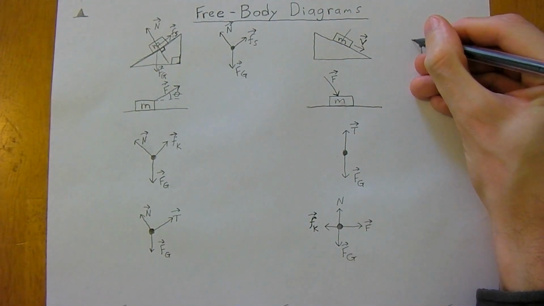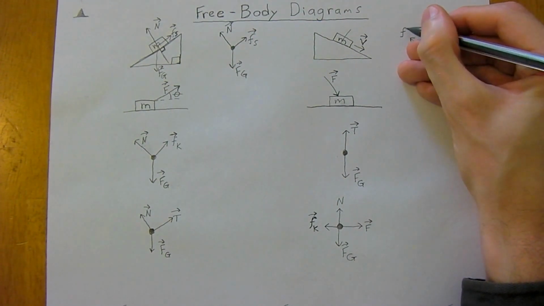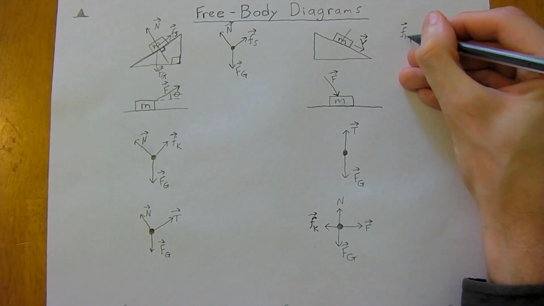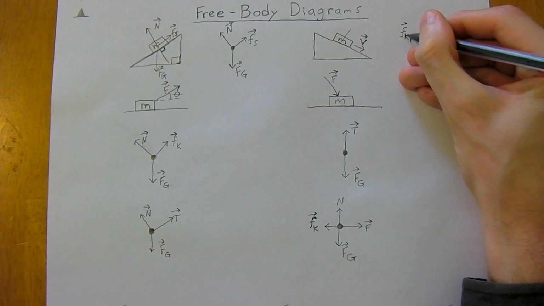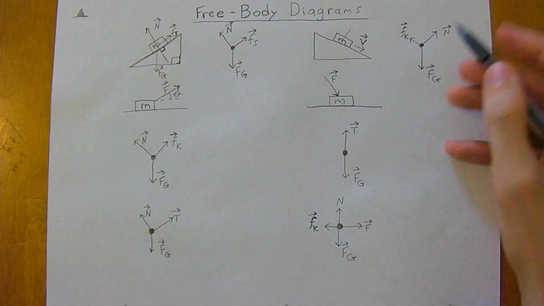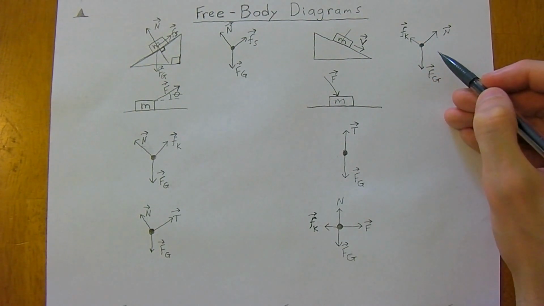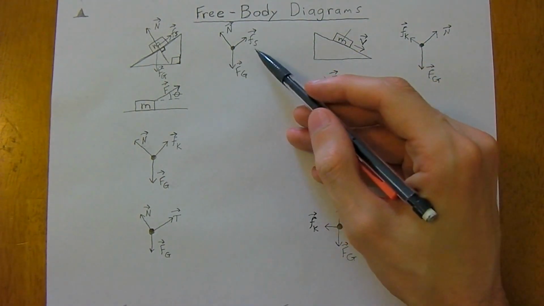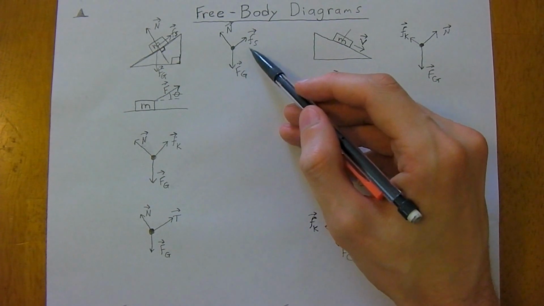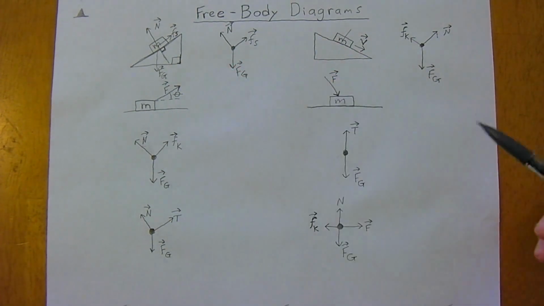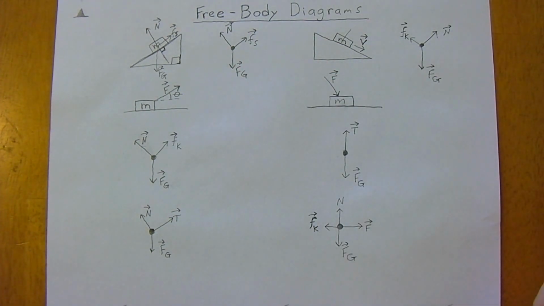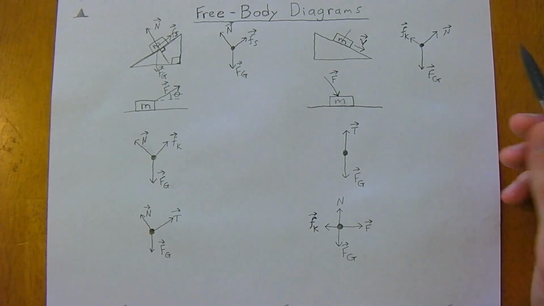So in this case, we're going to have friction, but our friction is going to be kinetic friction. We'll represent that with a K. And so you get kinetic friction when you have motion, but you have static friction when that's the force holding it in place, keeping it from moving. So it is very important to distinguish those.